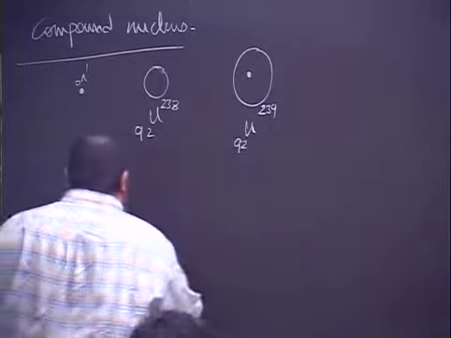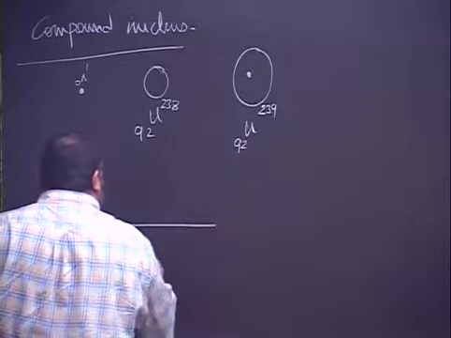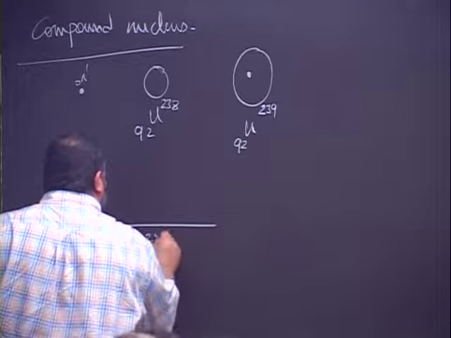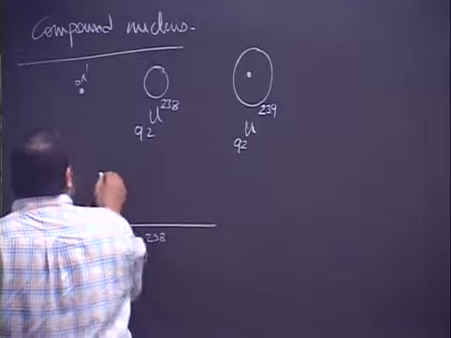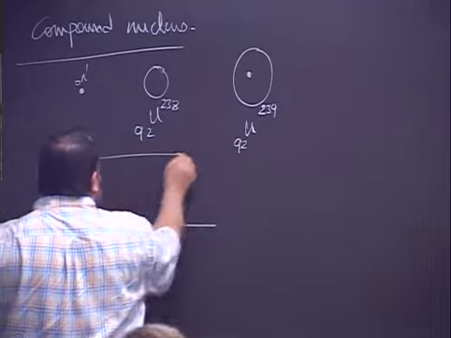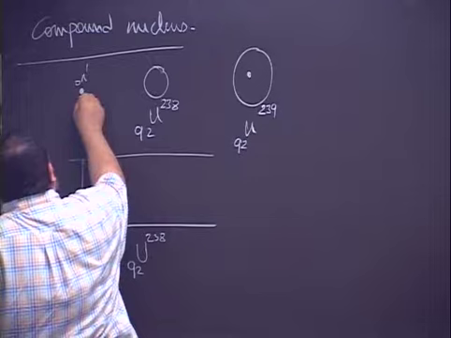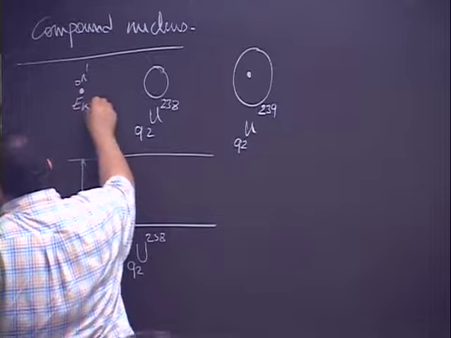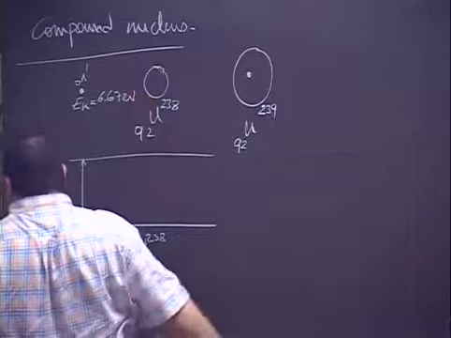So let's assume that the ground level for uranium-238 92 is here, and the incident neutron comes with kinetic energy equal to 6.67 electron volt.